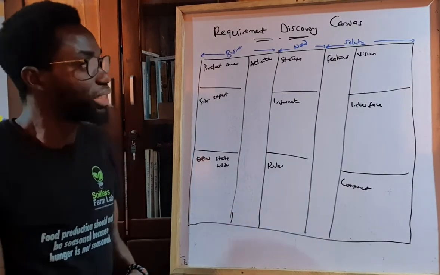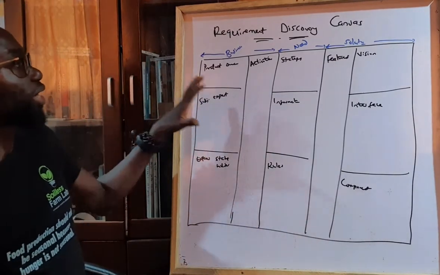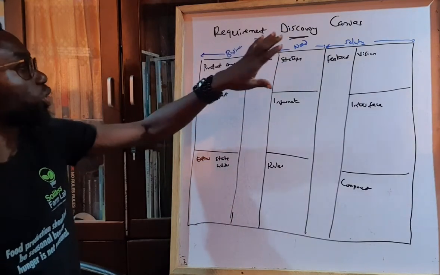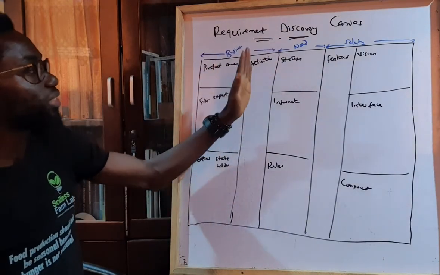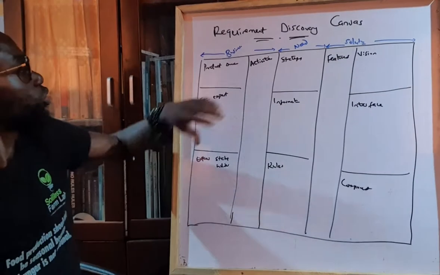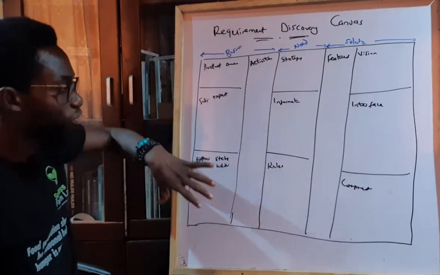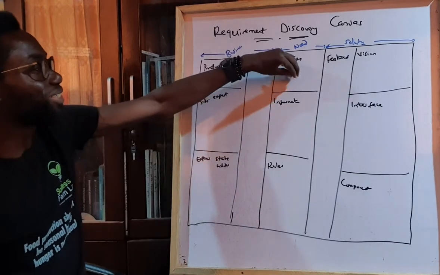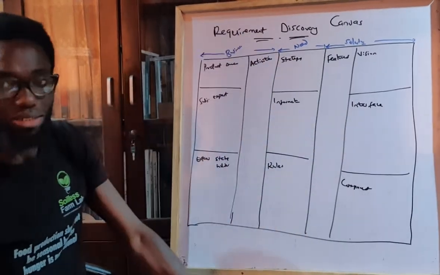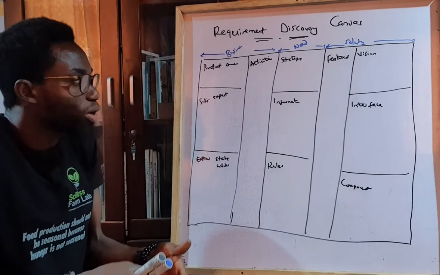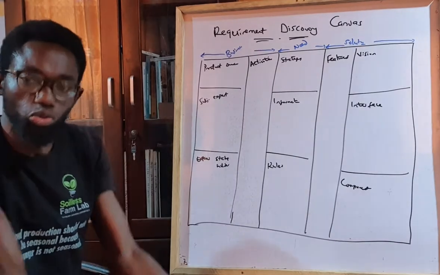Now, the software development canvas, that's the requirement discovery canvas, is divided into three sections. There is the part that is the business of the software development. There is the part that is the need: what are the things that the software must be able to do?